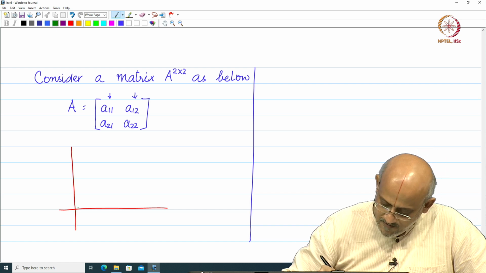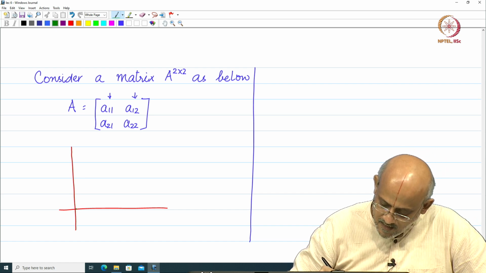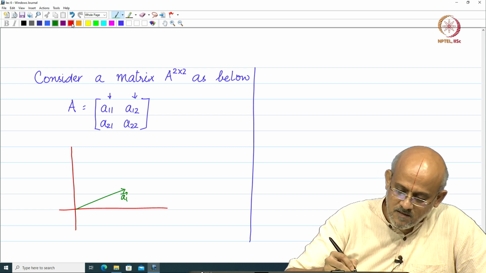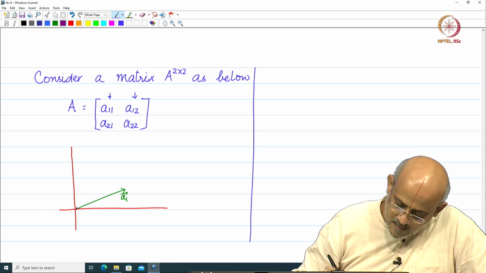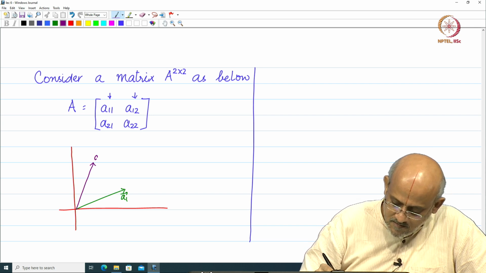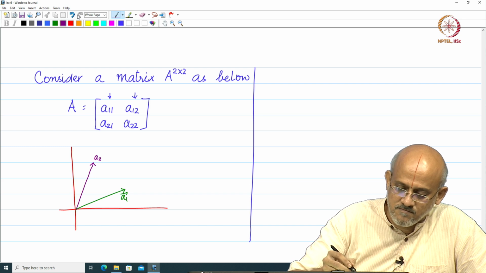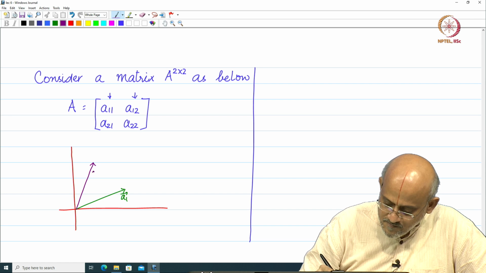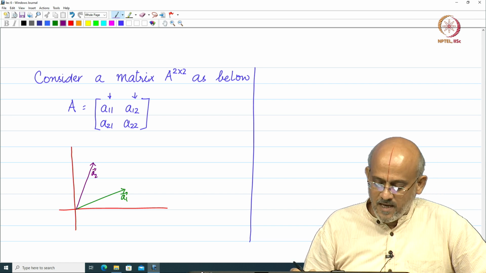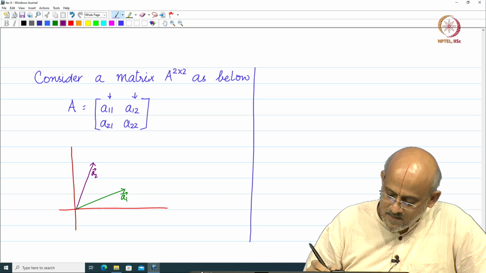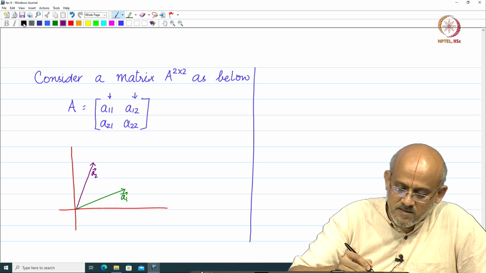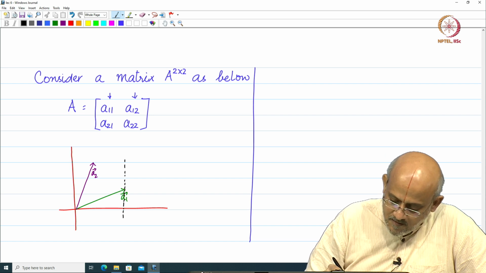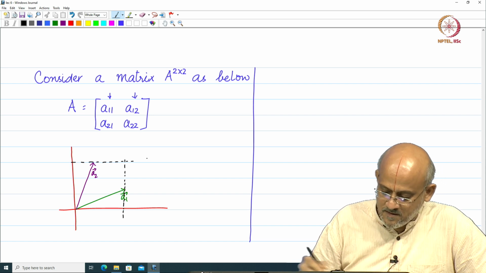What do I have? Let me call this the A1 vector, and let me call that the A2 vector. So, my A1 vector is basically A11, A21. Let me draw this and complete this geometry.